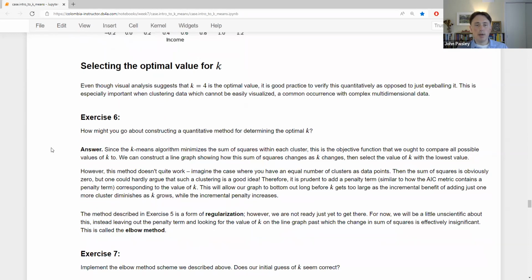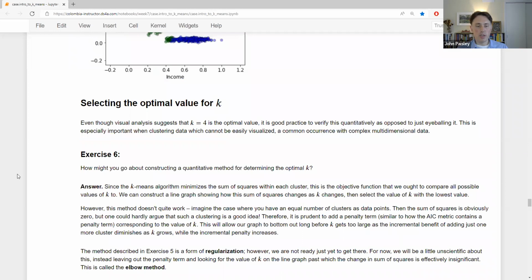So that's the algorithm. The next question is, how do we pick the best value for k? In this simple example, what we did was we visualized the data, and it looked like 4 groups were in our data set. There were 4 clusters. If you can use your eyes with plots, that's a really good way to do it.